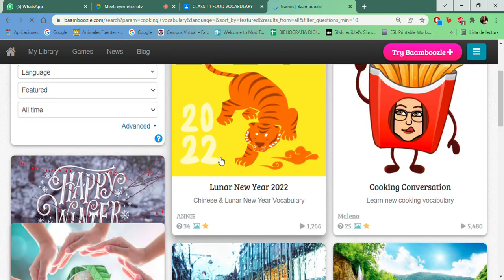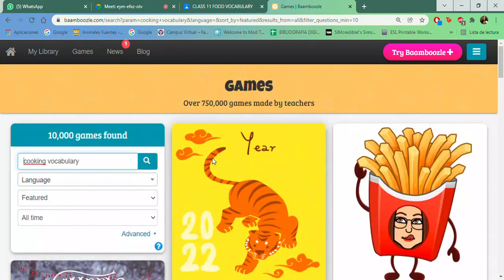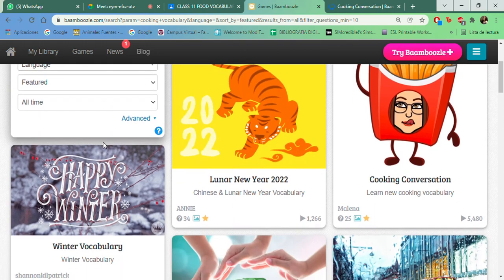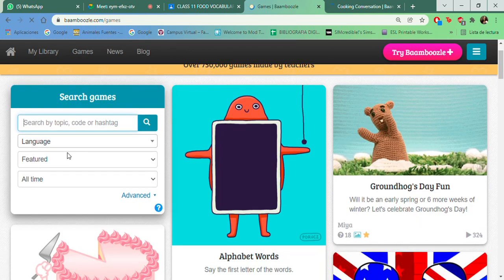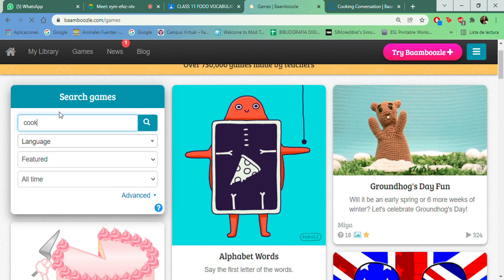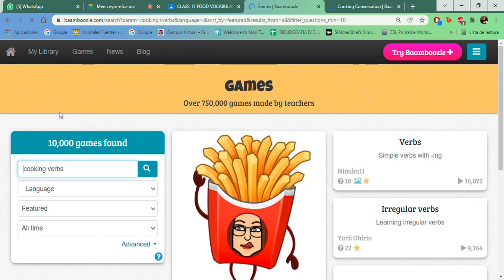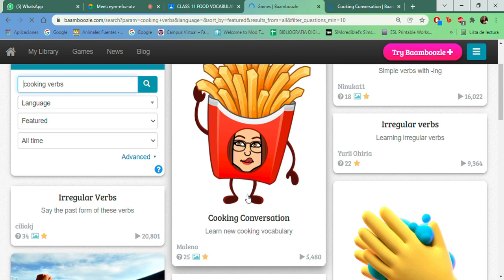I don't know why it's not here anymore. But let's see. Vocabulary conversation. I don't know why it's not here. I remember that there was one in here. Because I'm not in games. Well, I don't know exactly why. Cooking verbs, maybe. I remember there was one here, but maybe they erased the activity. That's so sad because there was one really entertaining.